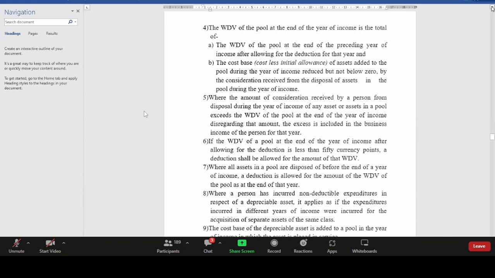By that being the closing balance of last year, you've already allowed the deduction of wear and tear for that year. So the written down value of last year, or the closing balance, or the opening balance in short for this year, add the cost base you've incurred to construct or acquire an asset.